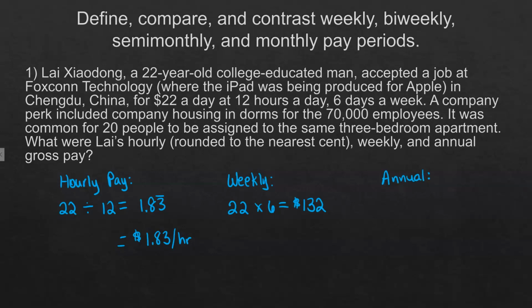And so we're going to take the amount per week times 52 weeks, and we see that that will be $6,864. So that's an interesting question, I think, seeing how things might happen in a different country. And remember that all of this was about gross pay, right? So that's before anything is withheld.